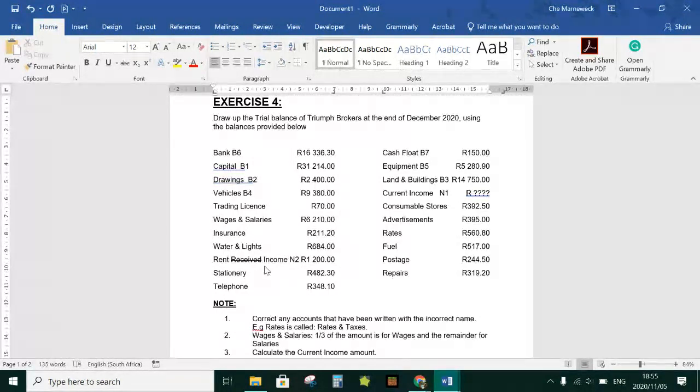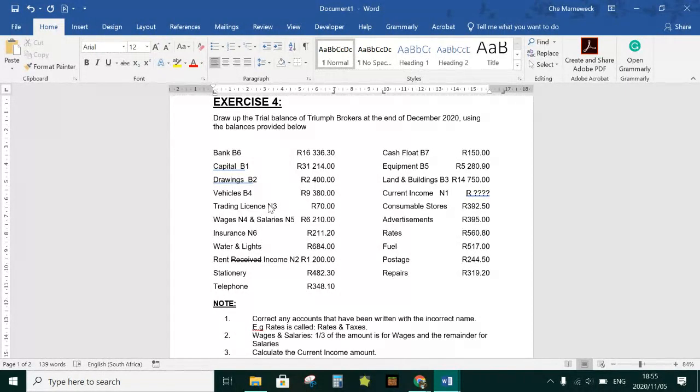After that, whatever's left over is an expense. So trading license will be N3. Wages and salaries, well, those should be 2 separate accounts. So I'm going to make wages N4 and salaries is going to be N5. Insurance will be N6.